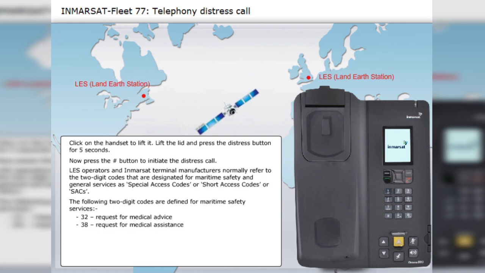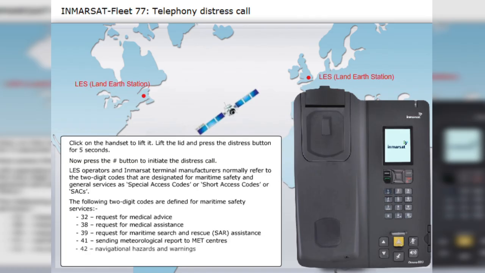Request for medical assistance. 39. Request for maritime search and rescue assistance. 41. Sending meteorological report to Met centres. 42. Navigational hazards and warnings. 43. Sending ship position report to shore authorities.